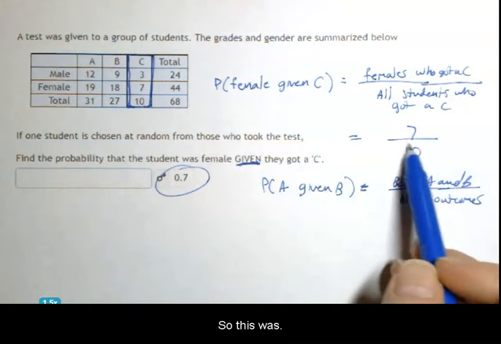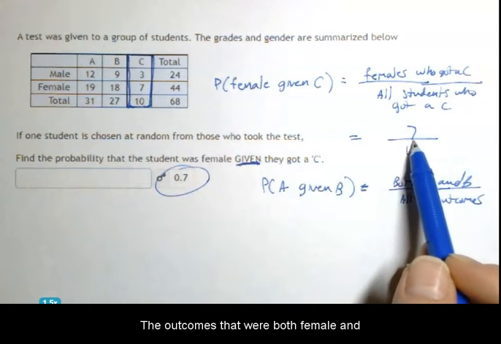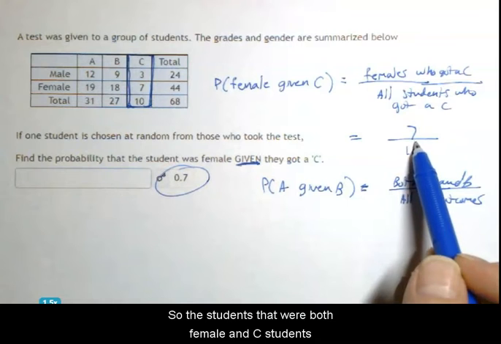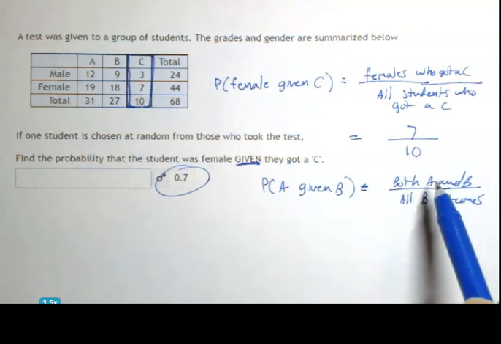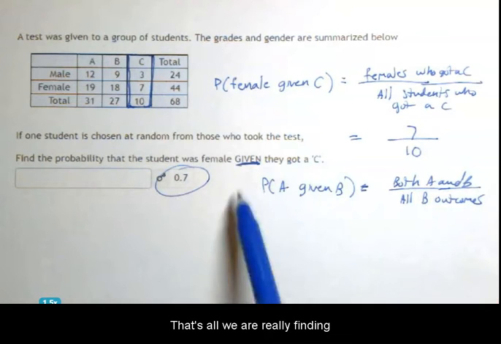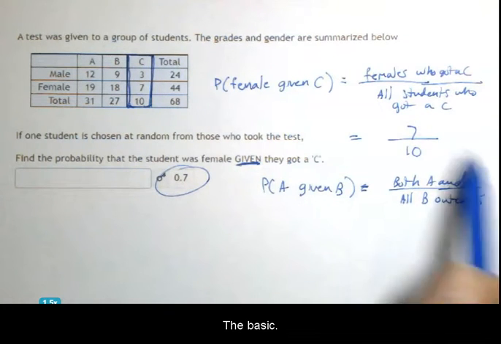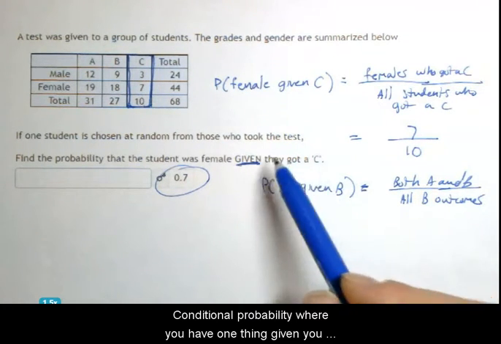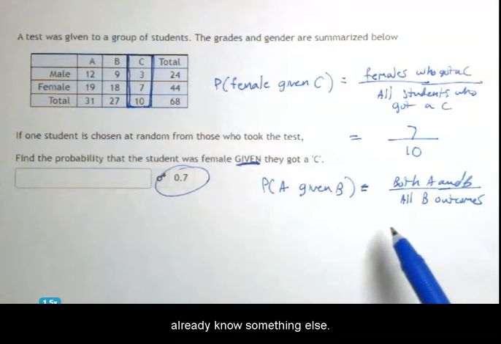So this was the outcomes that were both female and C, so the students that were both female and C, divided by all the C students. So that's all we're really finding with a basic conditional probability where you have one thing given you already know something else.